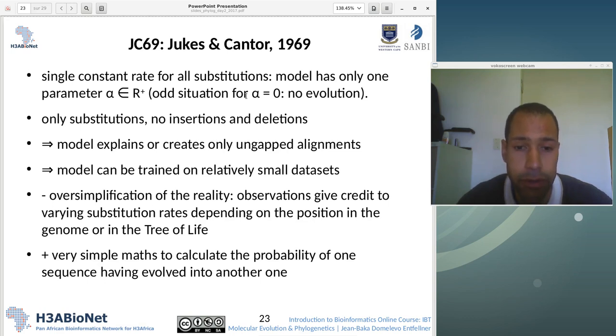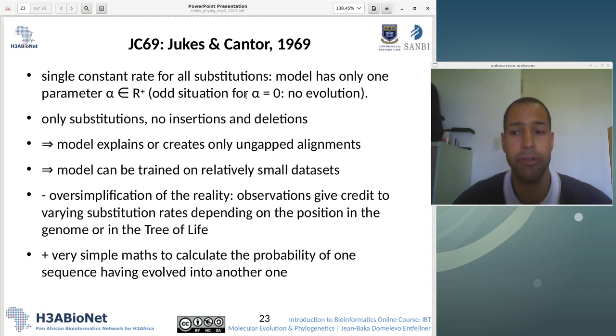But the probability of an insertion itself is not modeled as such. So the model explains or creates only ungapped alignments, and since this model has only one parameter, it can be trained on relatively small data sets.